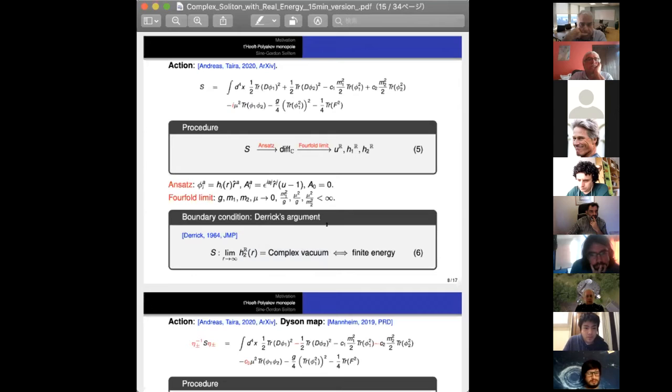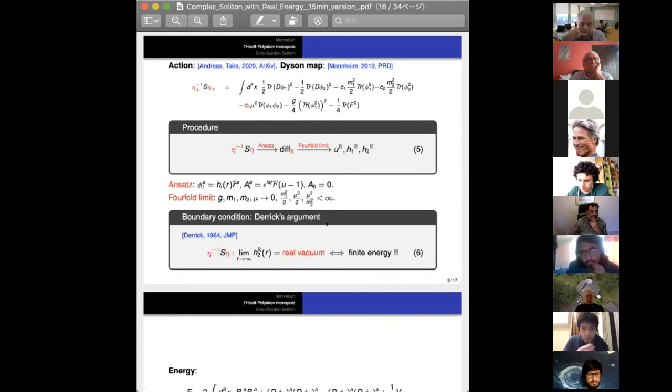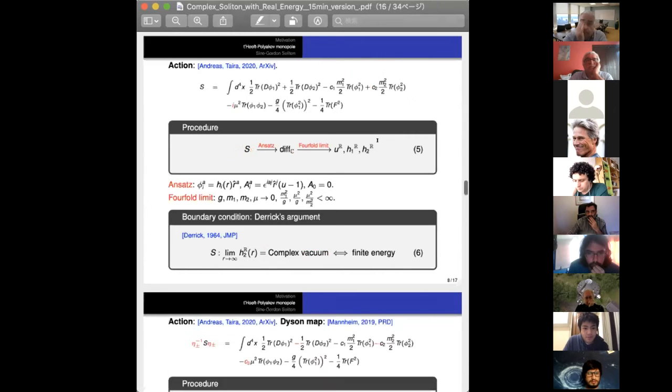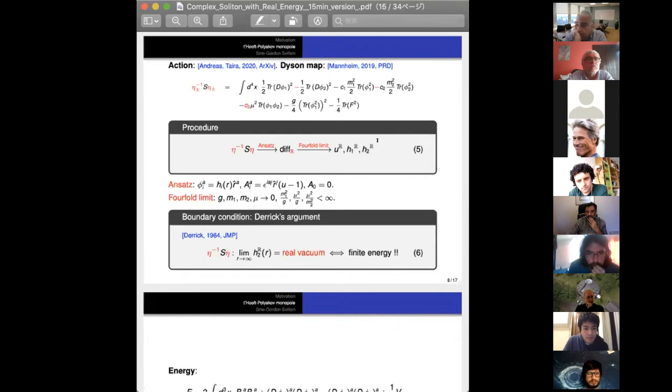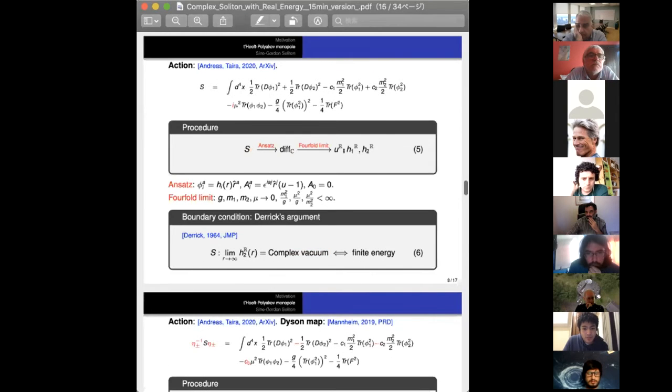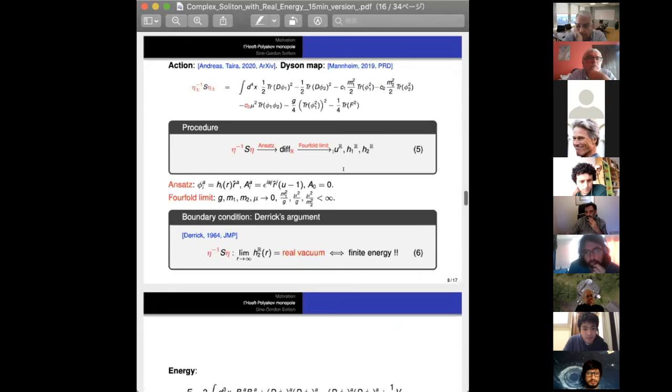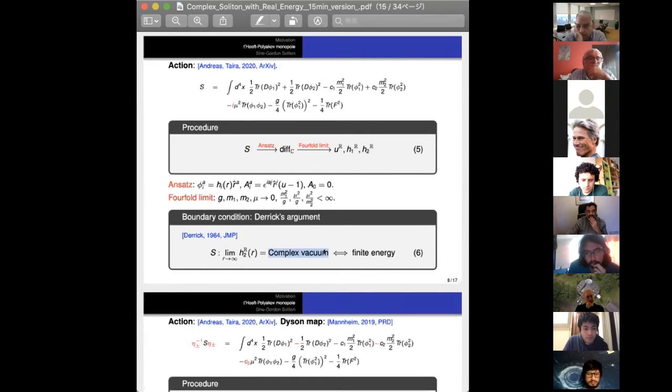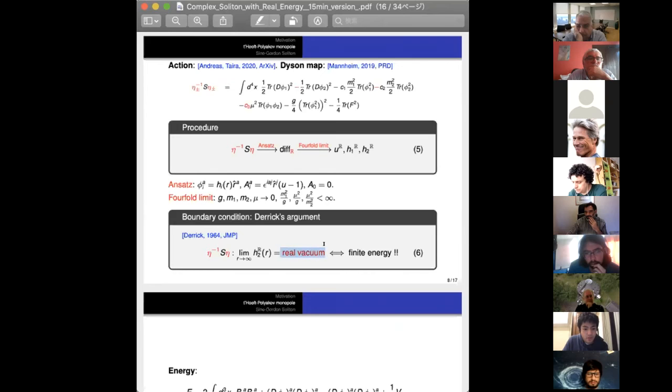To resolve this issue, what we do is perform a similarity transformation. I have taken the Dyson map from this paper, with a slight modification. If I go back and forth between the first and second slide, notice that this solution doesn't change. However, this complex vacuum now becomes a real vacuum.